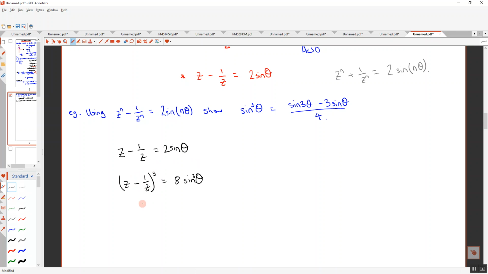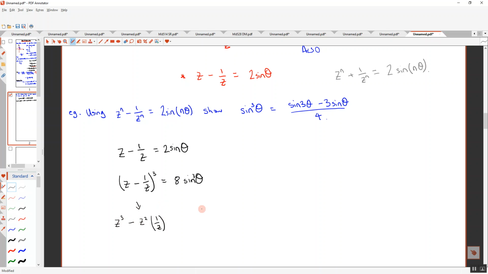Now, if I actually expand all of this using binomial expansion, I'm going to get z cubed minus z squared times 1 over z.